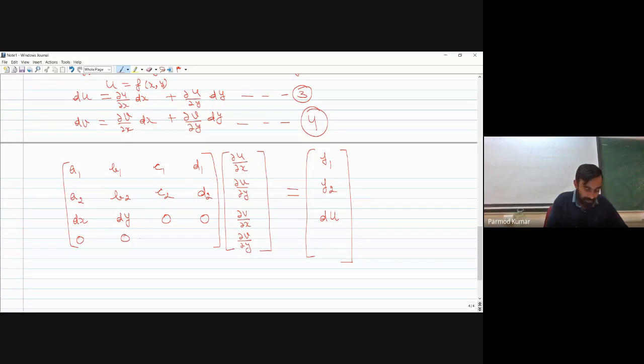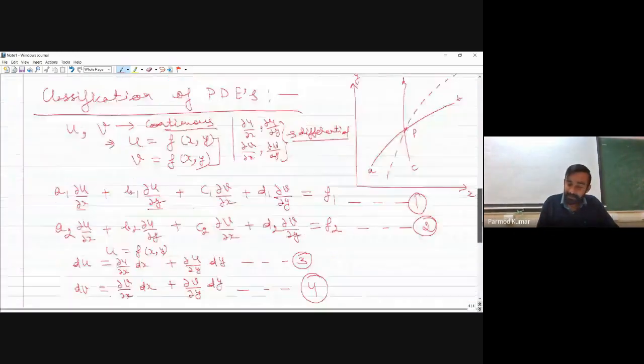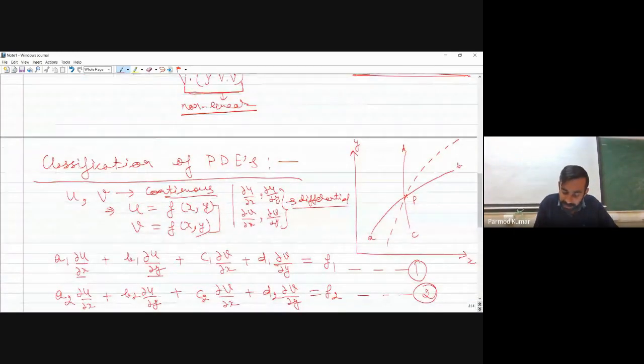In the fourth row, first two will be 0, 0, then I'll be having dx, dy over here, and here I'll be having dv. So now, first we have to see what is the value of this dx, dy and du, dv. Say I have some fluid element initially at point P, and that fluid element is moving along line AB.